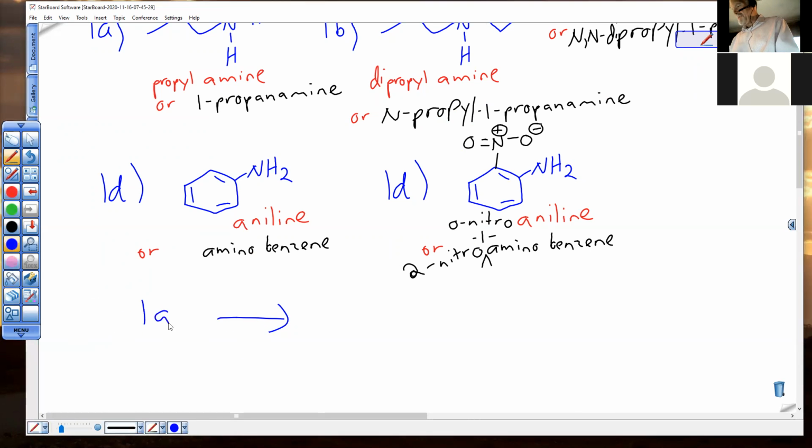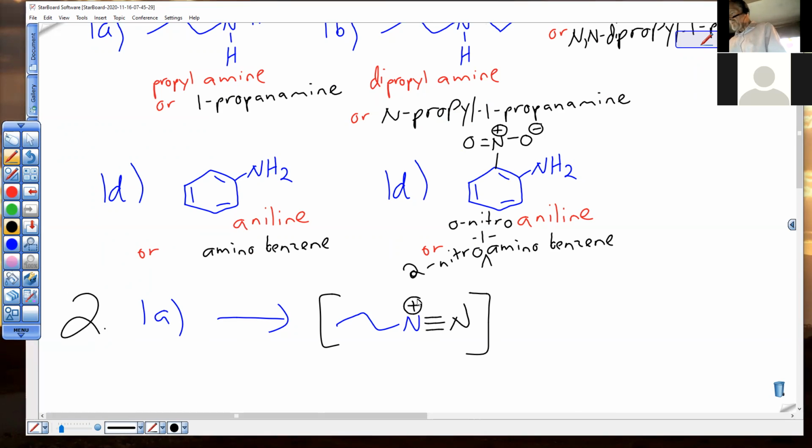1A gives a diazonium ion. This is question 2. You're going to get this intermediate right here, which is a primary carbon that has an excellent leaving group. Anything that can happen to a primary carbon with an excellent leaving group will happen with the ingredients present. What are the ingredients present?